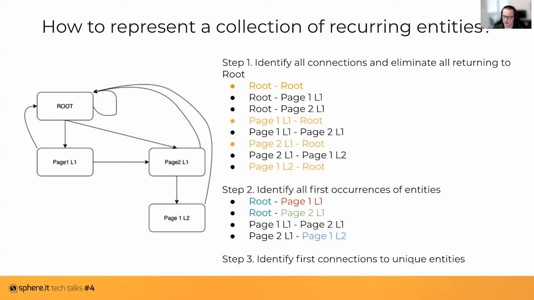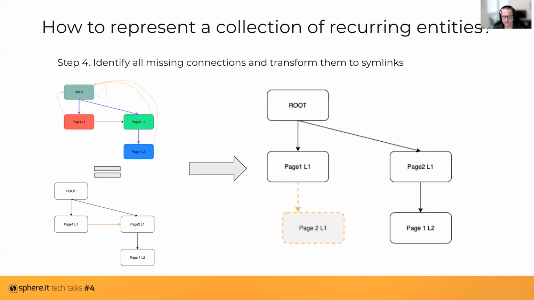And with so identified items, we can move to step number 3. So we need to identify first connections to unique entities.